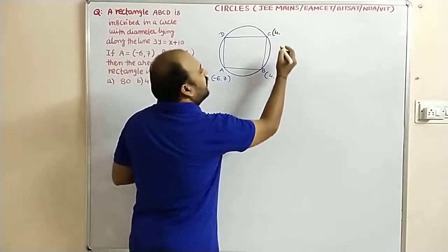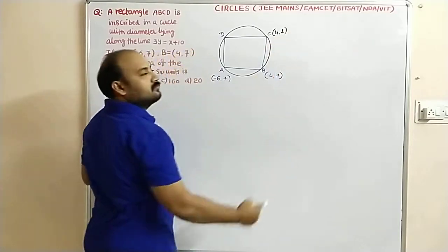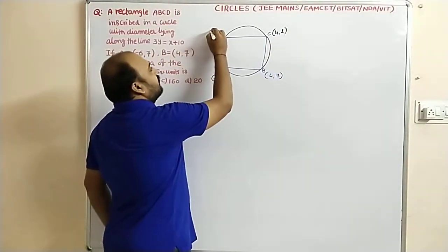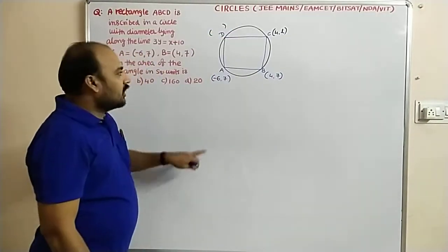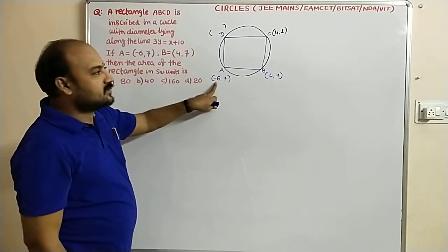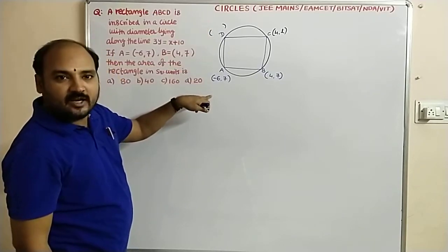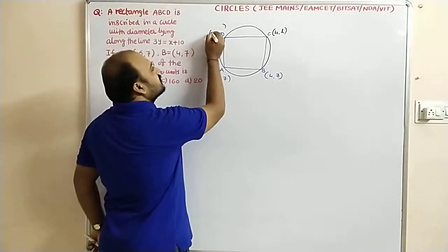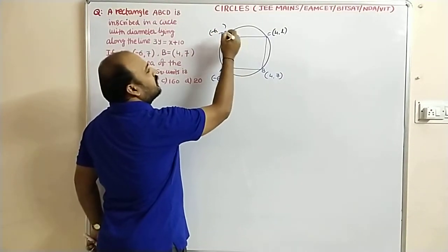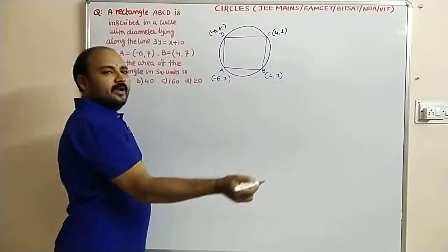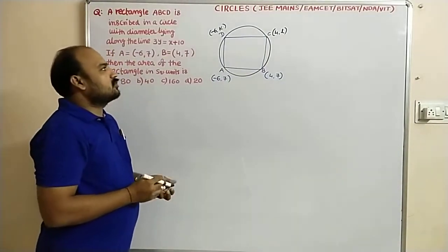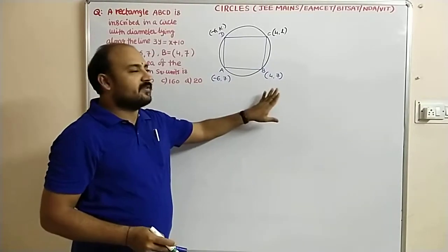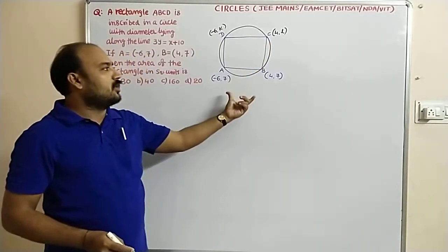We don't know the y coordinate, which we can assume as L. In the same way, the coordinate of D we can write with x coordinate as -6, because AD is a vertical line, and for a vertical line x coordinates are equal. So here -6, and for the y coordinate you can take K or M or N, anything you can take.